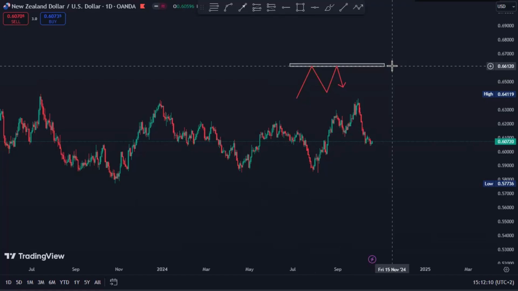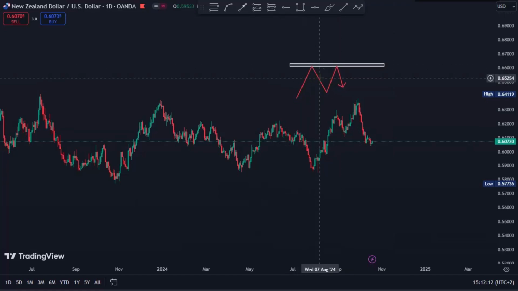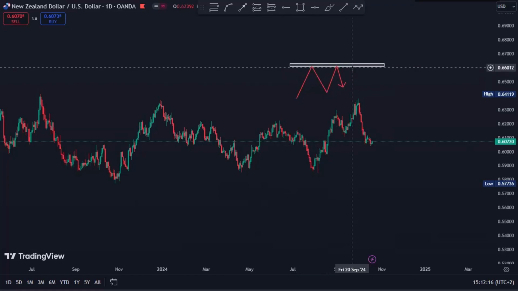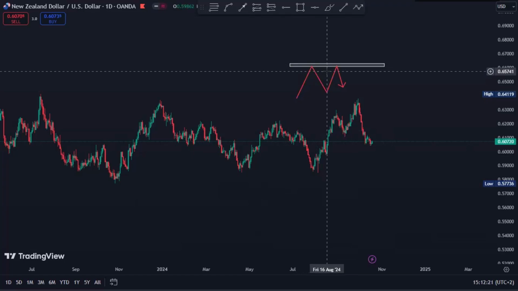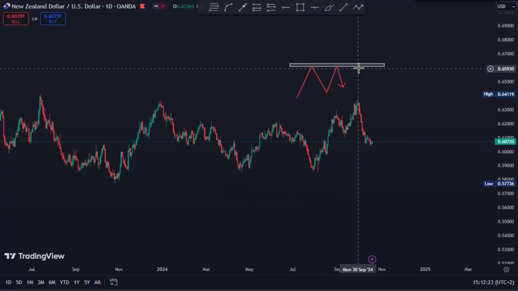For the market to sell, it must come back to this area. Understand? So there's so much force of bears, so much force of sellers. They are pushing the market down whenever the market tries to come to this area.